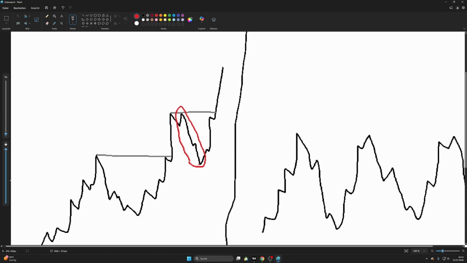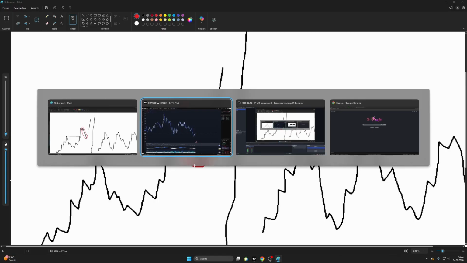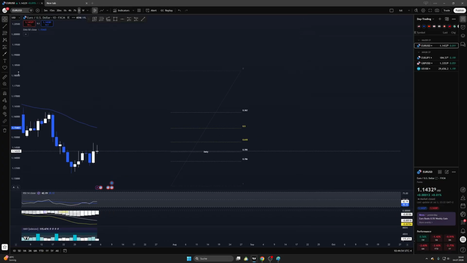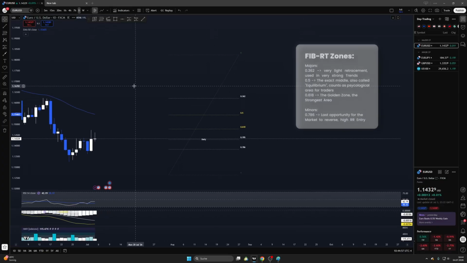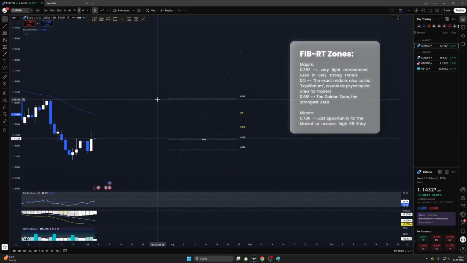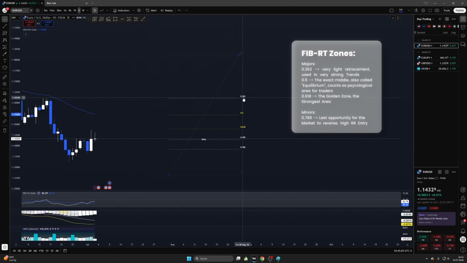You have, I would say, three major Fibonacci retracement zones and a few minor ones. I will show them to you. The first one is very easy to memorize because they are very close to each other. The first one is the 0.362 zone.